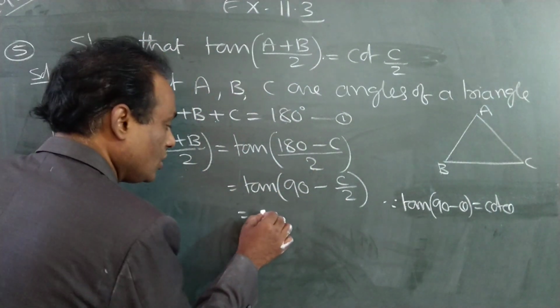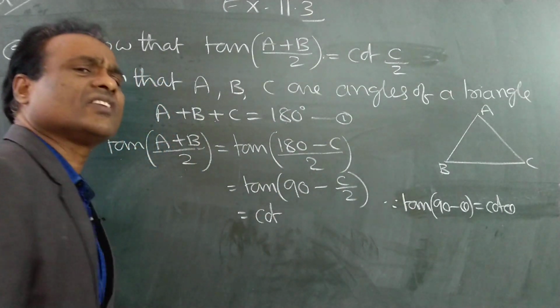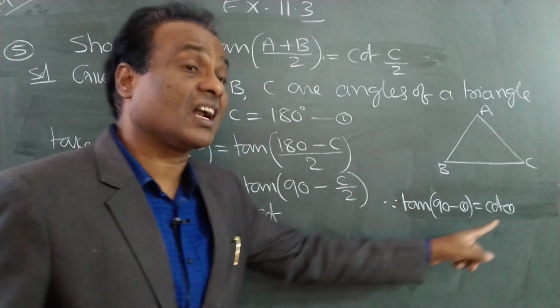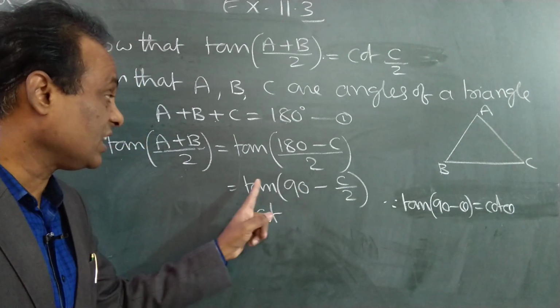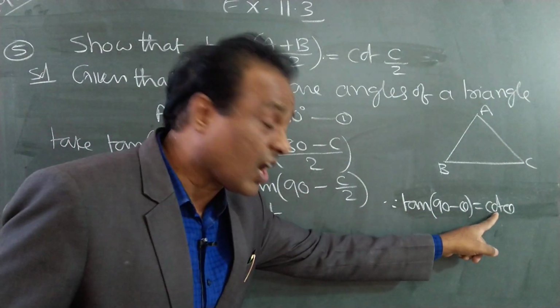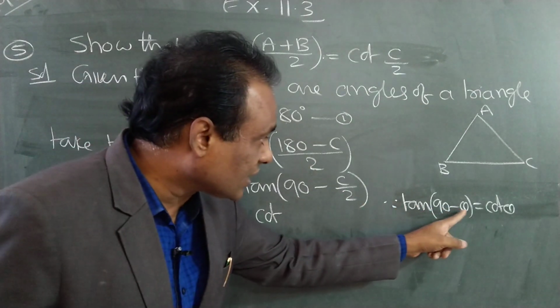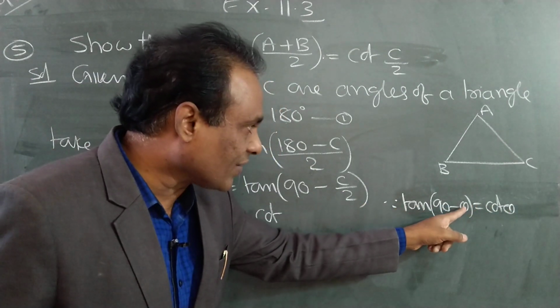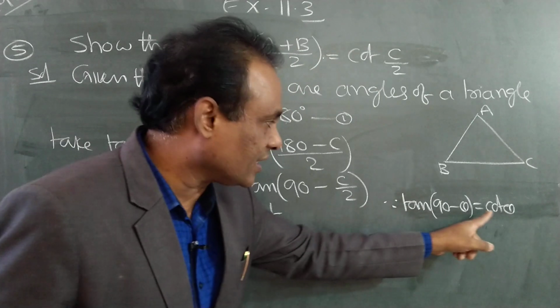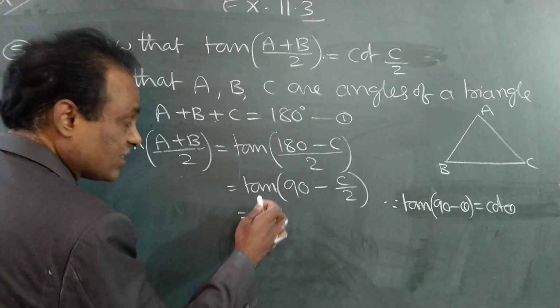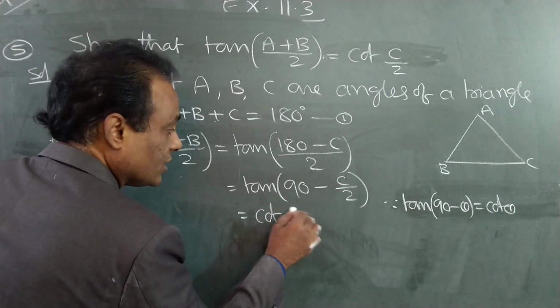Tan of 90 minus theta is cot theta. Whatever angle is there, the same angle we will get here. But here, what is theta? C by 2. So for 90 degrees, tan changes to cot, for the angle C by 2.